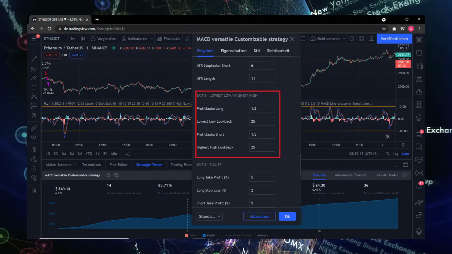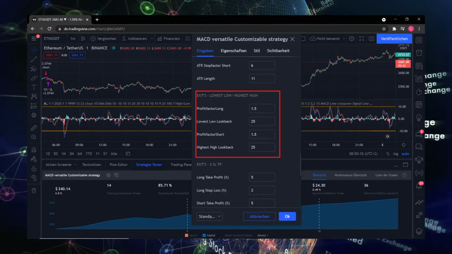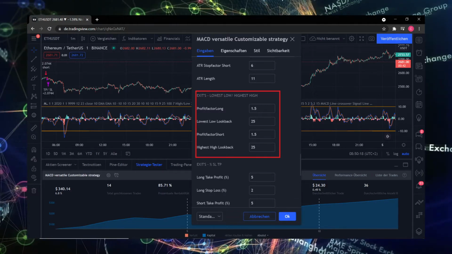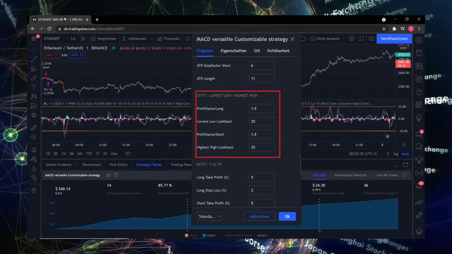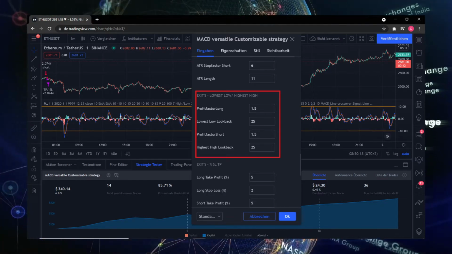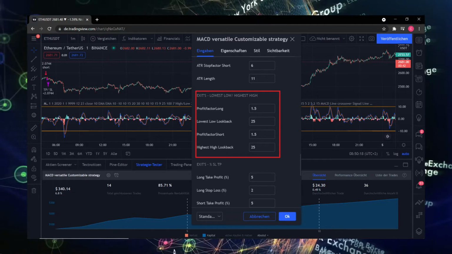The take profit is then multiplied by a factor, which is entered manually. Under profit factor long, the value is entered with which the stop loss is to be multiplied. A value of 1.5 corresponds accordingly to a risk-reward ratio of 1 to 1.5. I risk 1 to win 1.5.